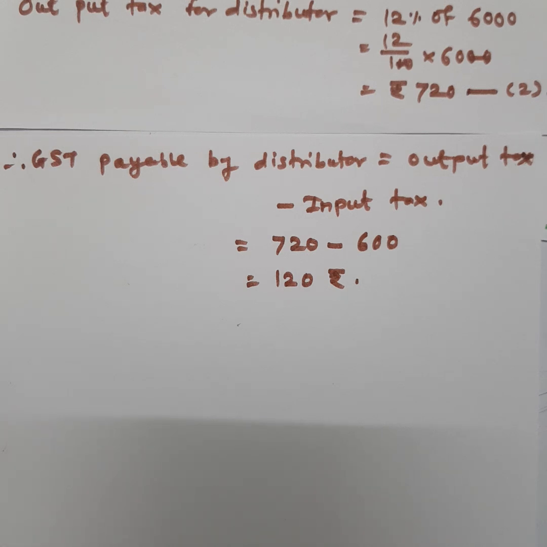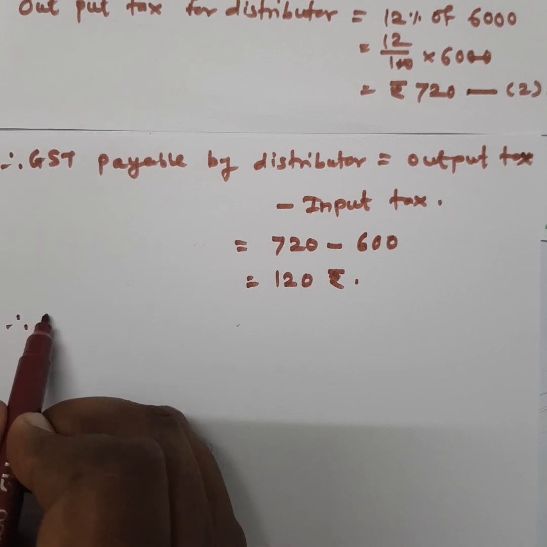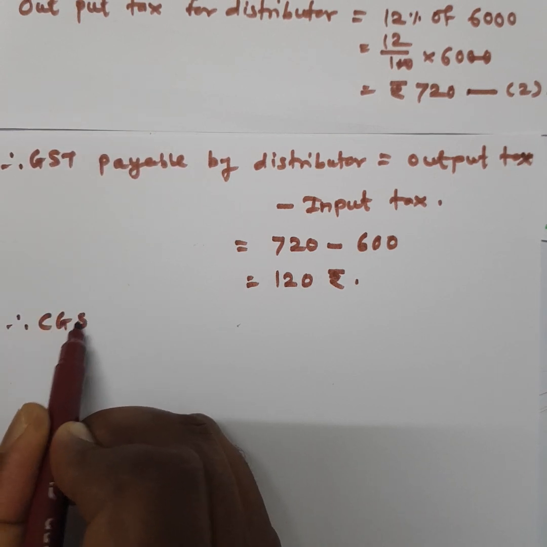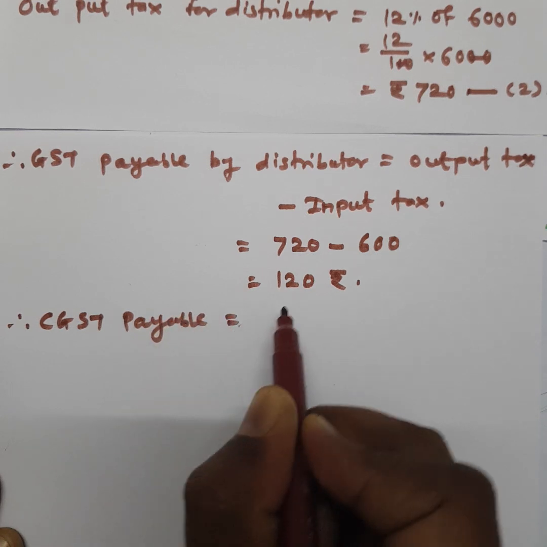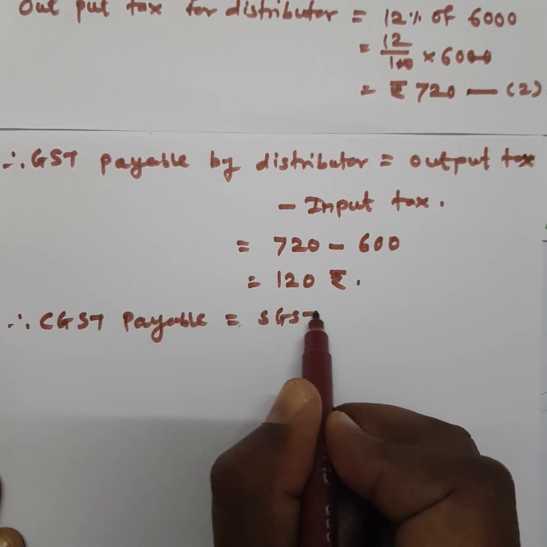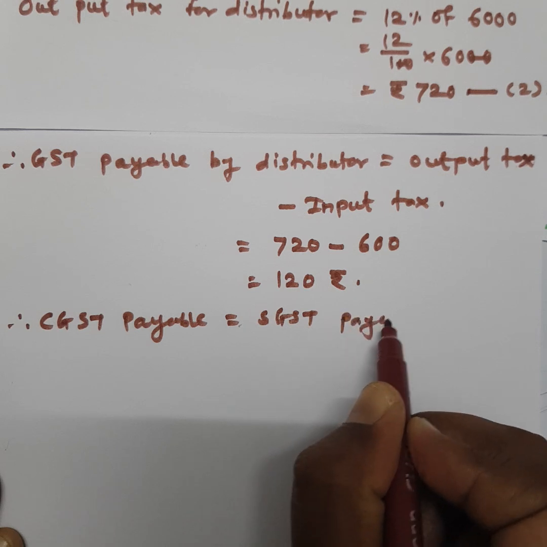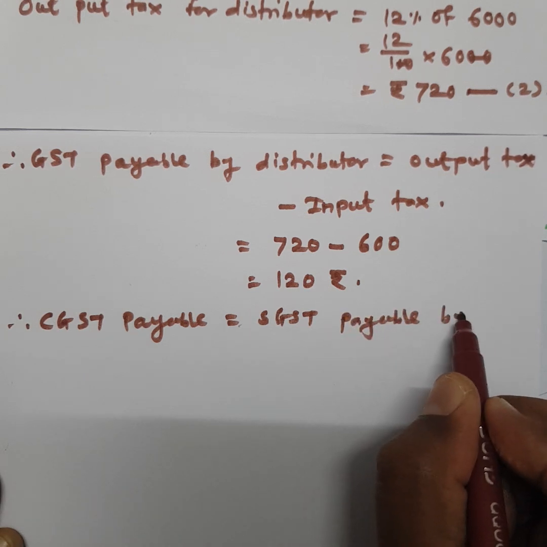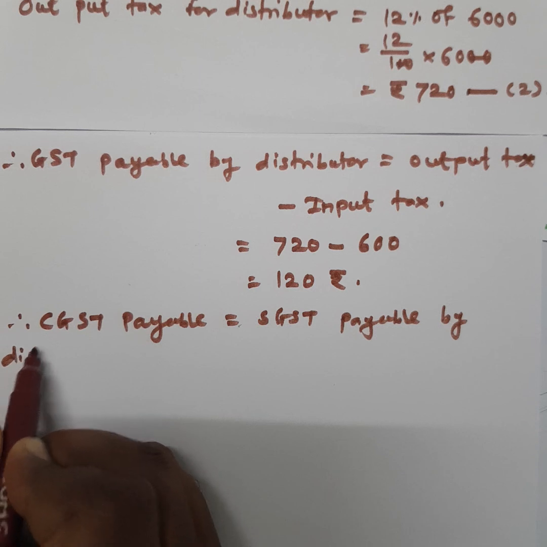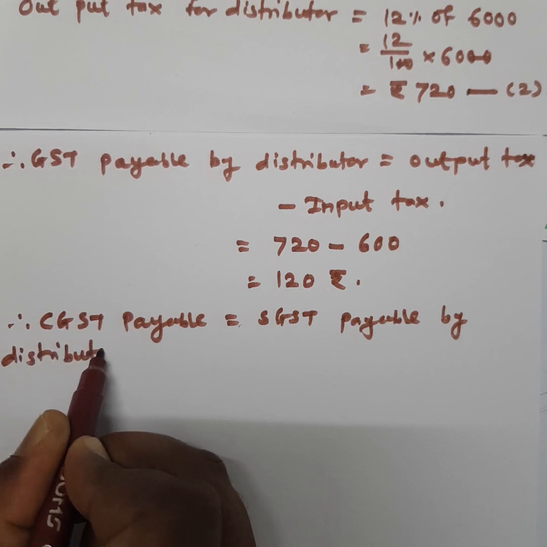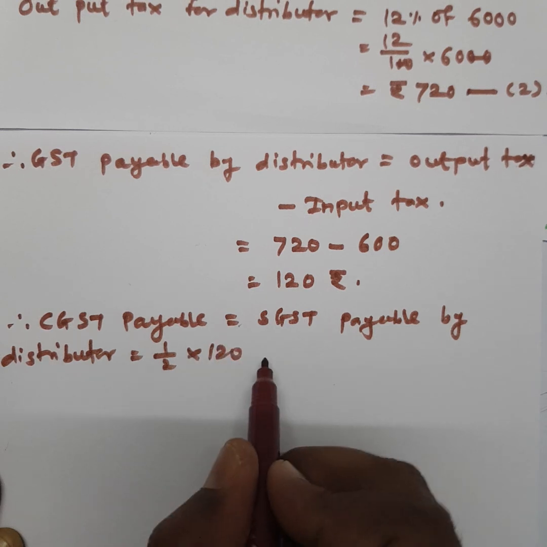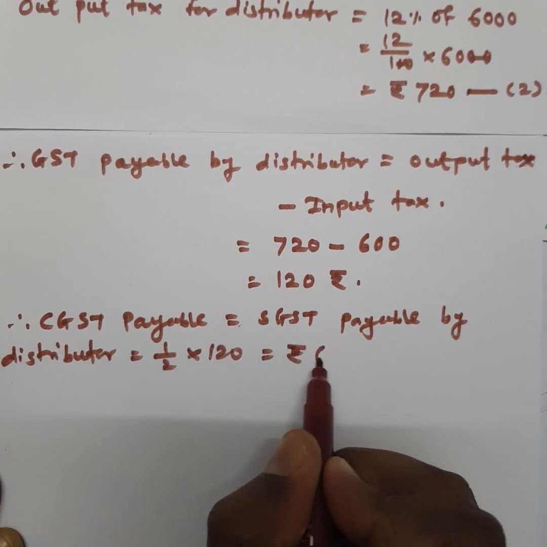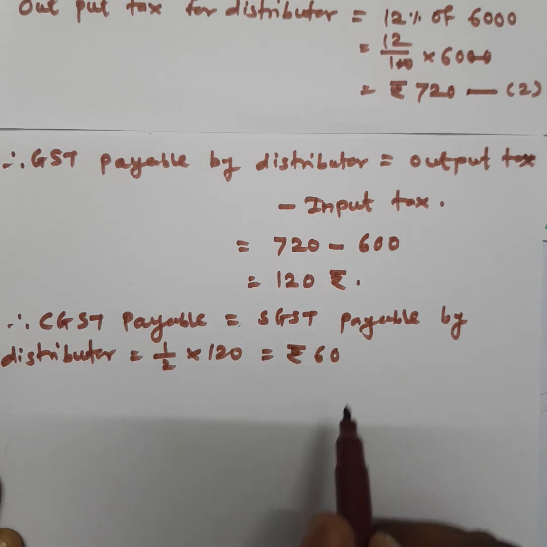For the distributor, CGST payable, therefore CGST payable or SGST payable by distributor is equal to 1/2 into 120, that is rupees 60.